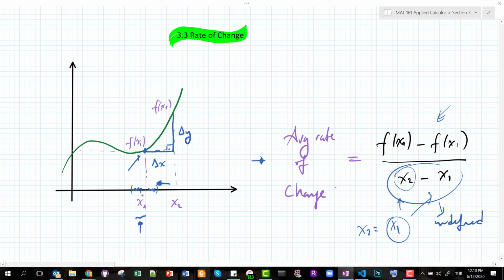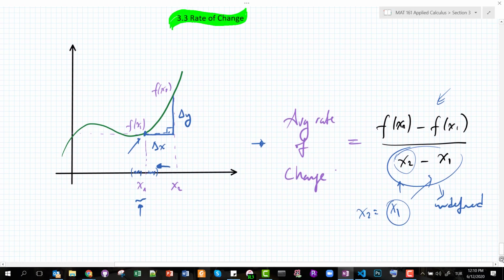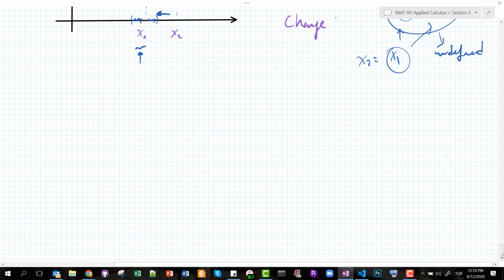Of course, I don't want to have zero distance, but if I can get close, at least I can know what is going to be the change at that point.